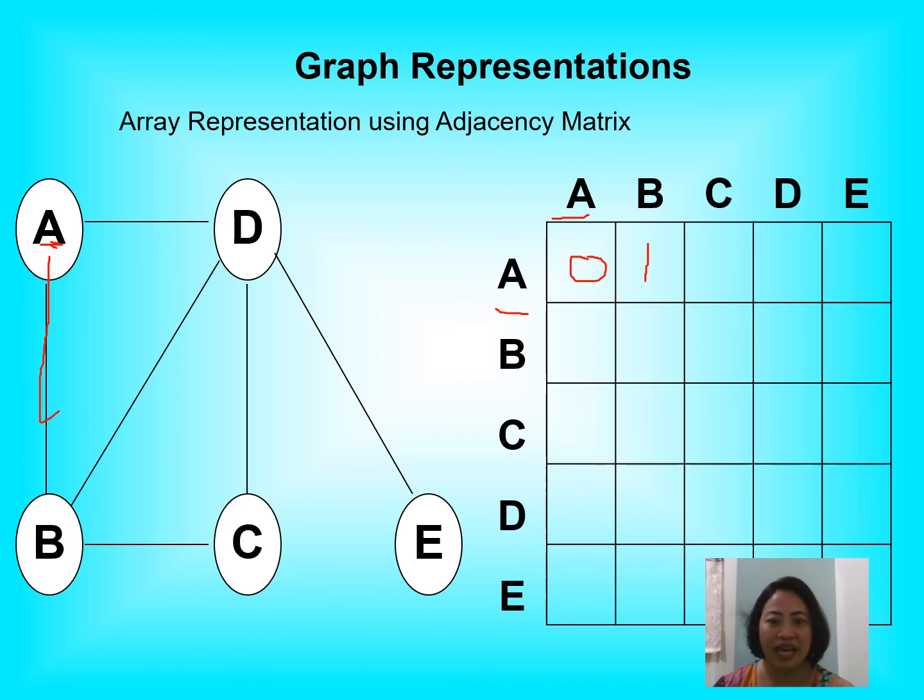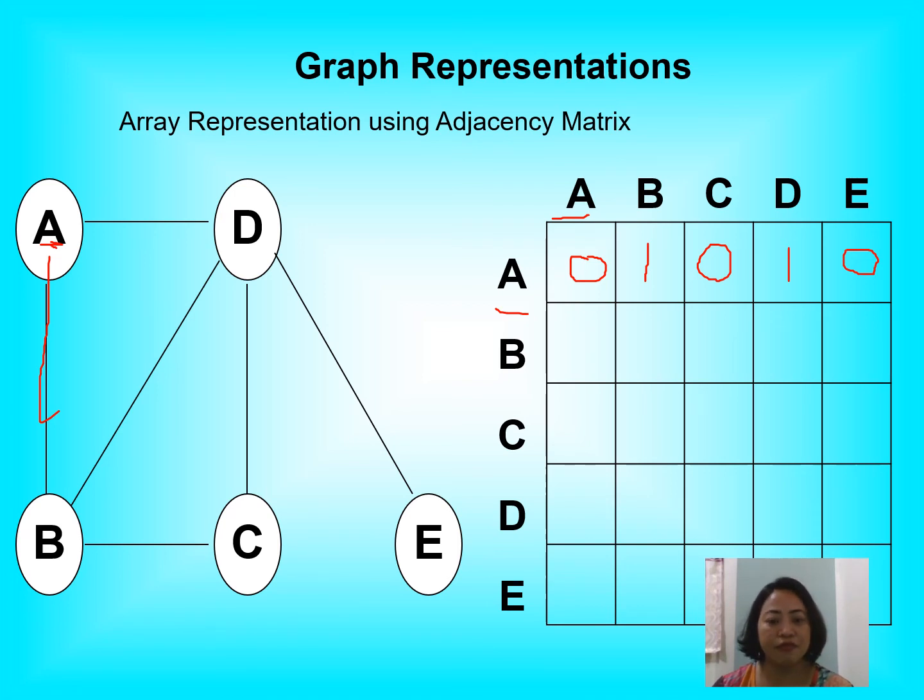From A to C, there is no direct connection, therefore it should have a value of 0. Next, from A to D. That has the value of 1 because it has an edge. From A to E, there's no connection, no edge. Therefore, it is 0.